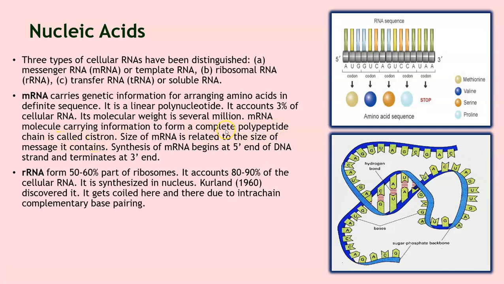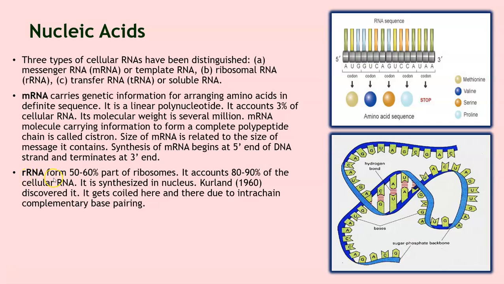So it has the information for synthesis of a polypeptide chain, that is basically synthesis of proteins. The size of the mRNA is related to the size of the message it contains. Synthesis of mRNA begins at the 5' end of the DNA strand and terminates at the 3' end. So this is the polarity of your mRNA, 5' to 3'.